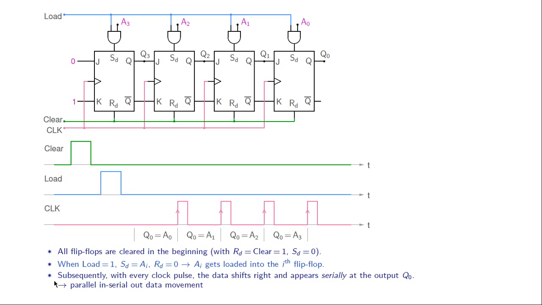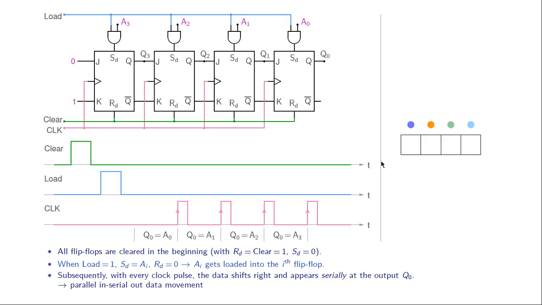And subsequently, with every clock pulse, the data shifts right and appears serially at the output Q0 over there. So first this A0 will appear at Q0, and after that this A1, which has got loaded in this flip-flop initially, will appear at Q0 and so on. And this corresponds to parallel in serial out data movement.